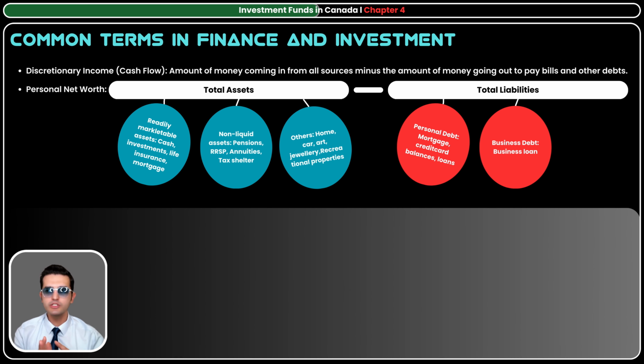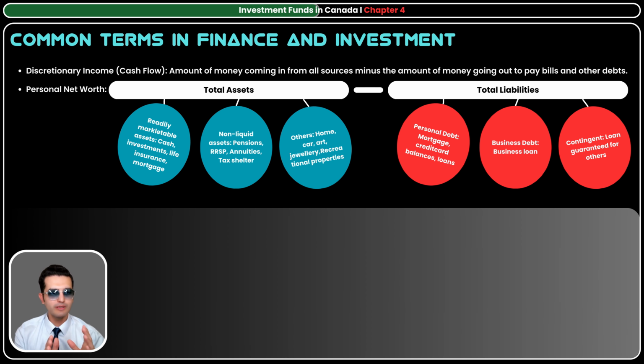Okay. And the third type of liabilities is contingent loan. Like what? You're a great person. You've guaranteed for someone else. Okay.